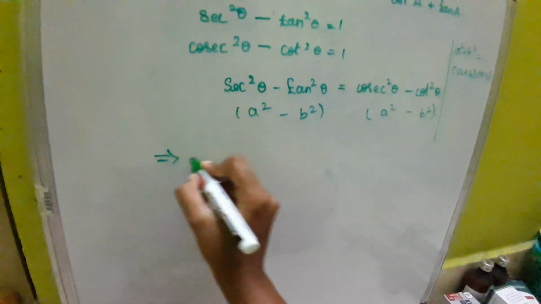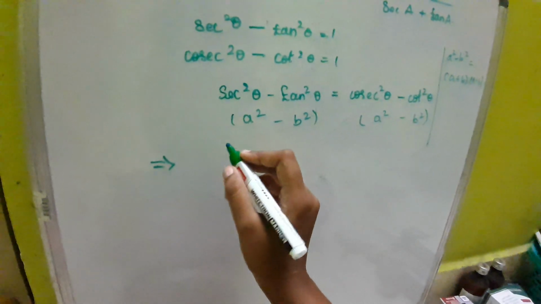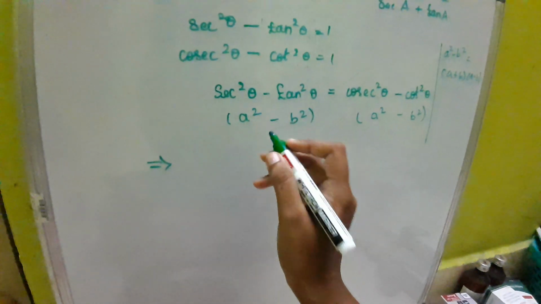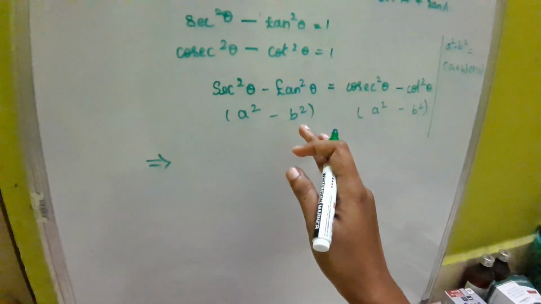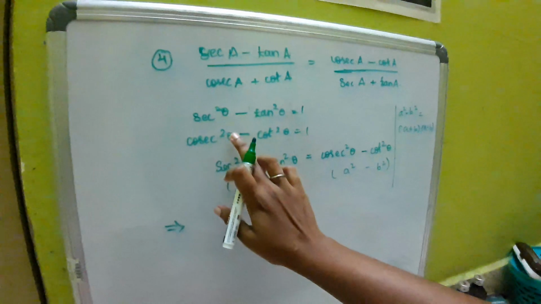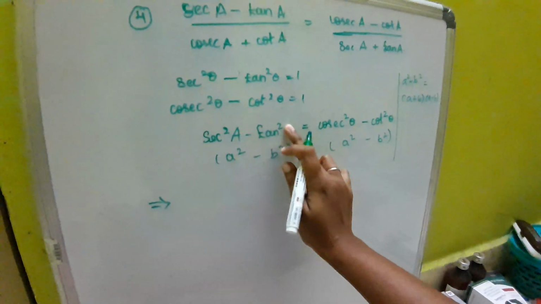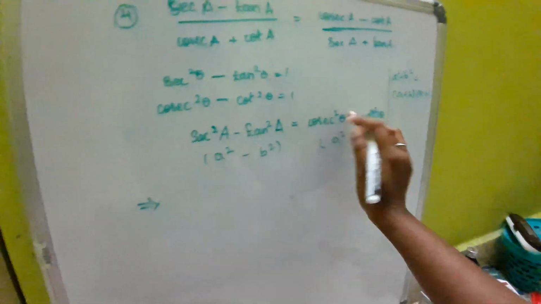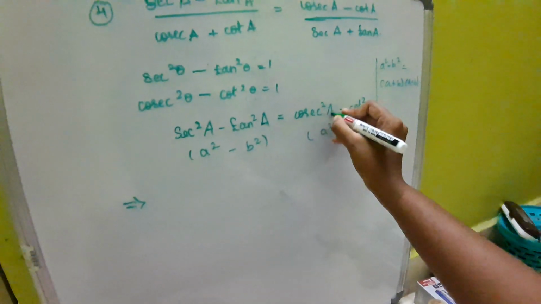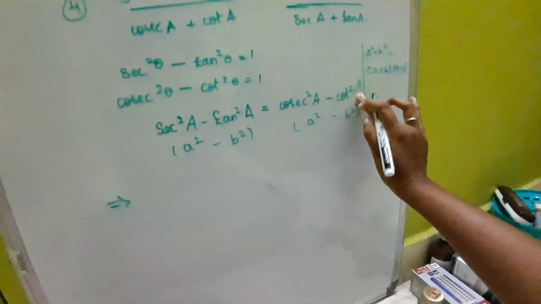Secant square theta minus tan square theta is equal to secant theta plus tan theta into secant theta minus tan theta. In the question there is a instead of theta, so we write the values in a instead of theta. I am just converting it.